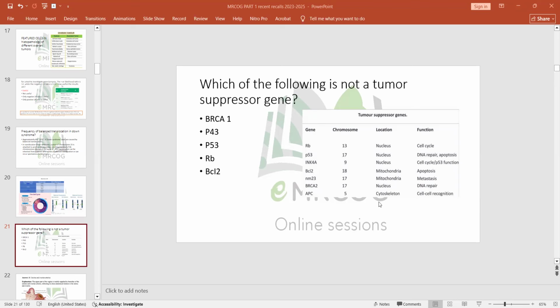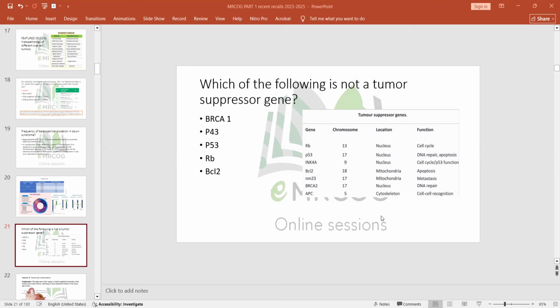Okay, so anyway, the tumor suppressor genes, guys, are the famous ones that we all know: when they are mutated, you are going to get cancer, God forbid. So if you have a mutation in BRCA1 or BRCA2 or P53, you are going to get cancer.